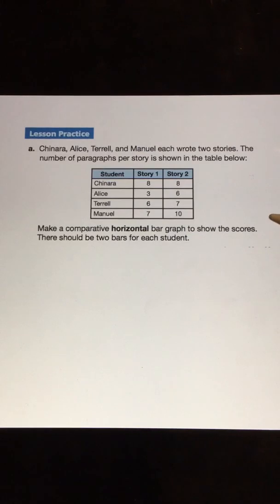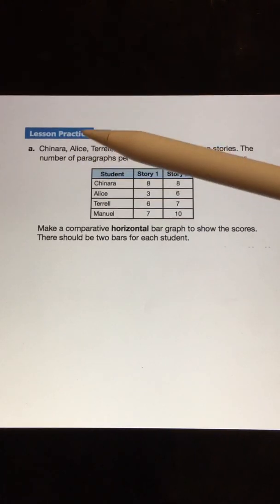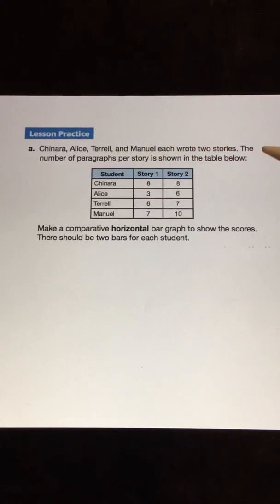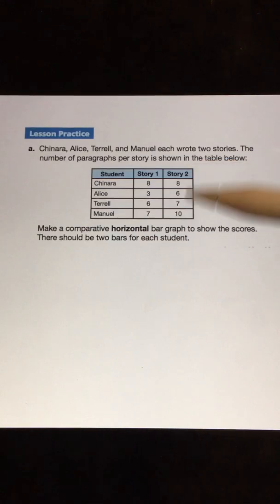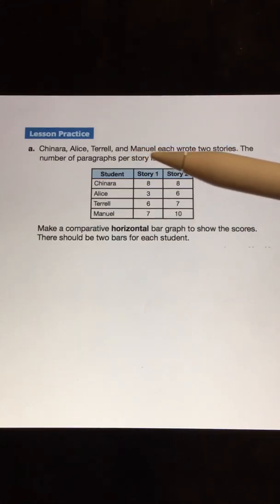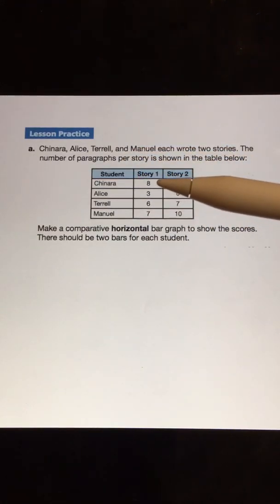Now we are on to our lesson practice. We have Shynara, Alice, Terrell, and Manuel. They each wrote 2 stories. This is the number of paragraphs for story 1, and this is the number for story 2. Shynara wrote 8 paragraphs for story 1 and 8 for story 2.